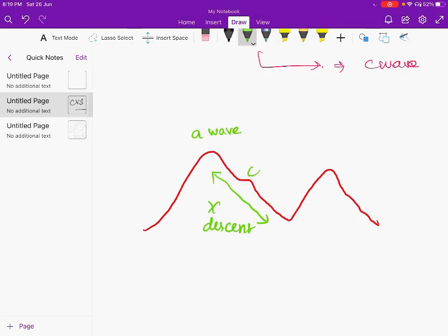And this is your C wave, which is a positive deflection in the X descent. And this is your V wave. And this is your Y descent. So A wave means this part is your A wave. V wave means this part is your V wave. Okay.